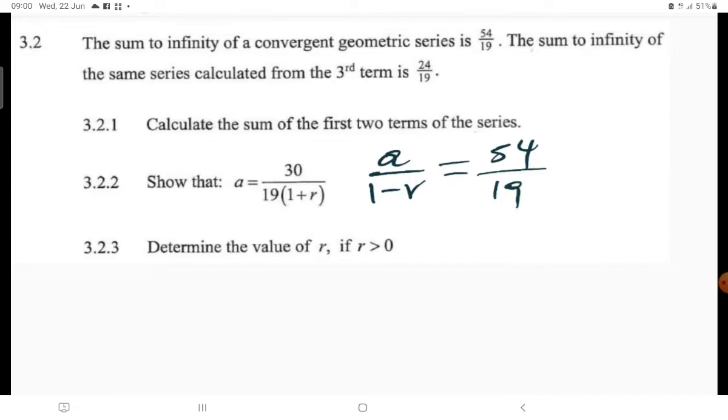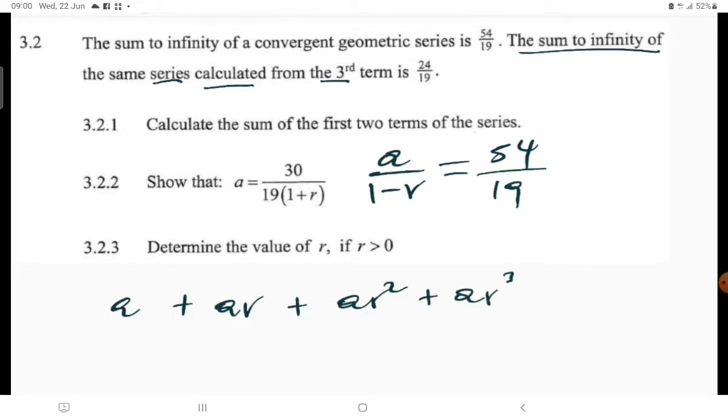Now, the sum to infinity of the same series calculated from the third term. So that means since you are having a, which is the first term, then ar, which is the second term, then ar squared, which is the third term, then ar to the power of 3, which is the fourth term. They are saying since this one is the third term, the sum to infinity of the same series calculated from the third term is equal to that.